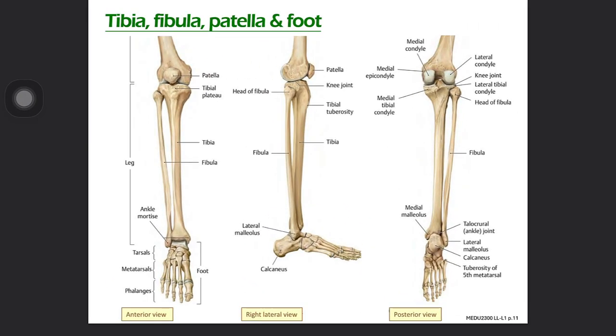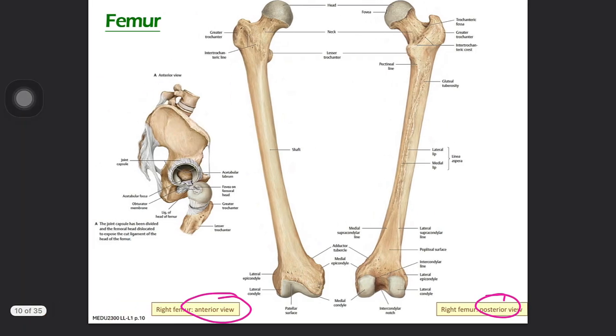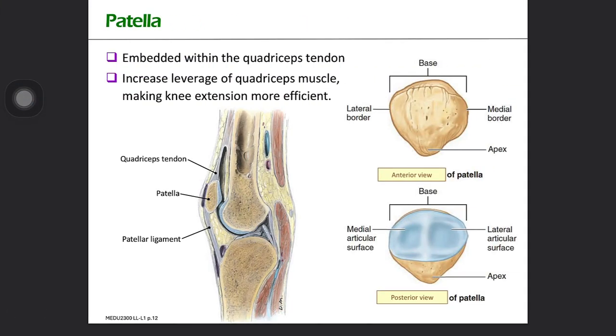So yes, what else? I also submitted other images for you. This one, the patella. If you are using the notes I uploaded during the weekend, you may go to MFPO and get this updated image on the patella.